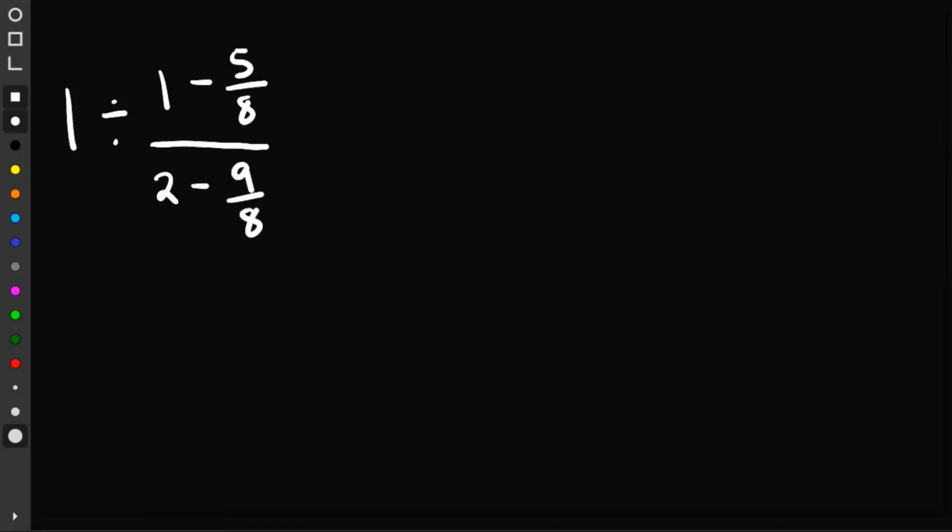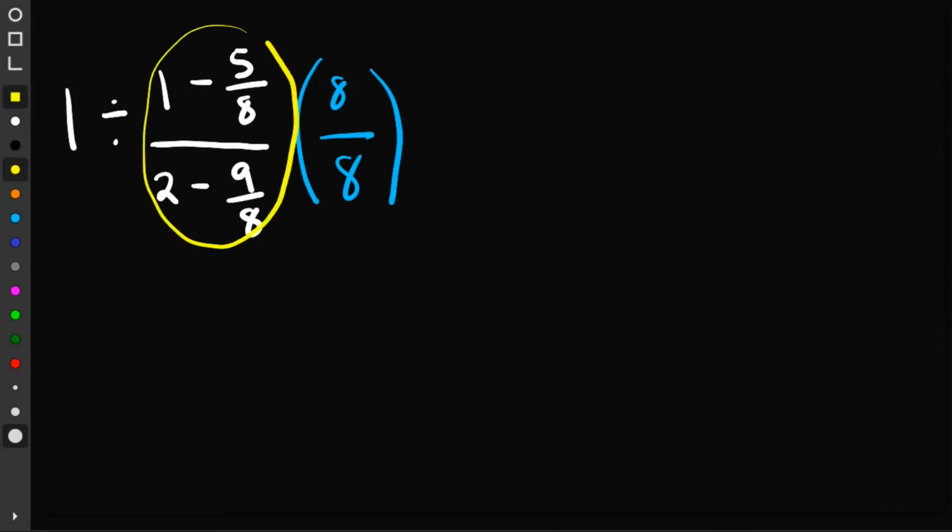Let's go on to our third example. If we have 1 divided by 1 minus 5 over 8 all over 2 minus 9 over 8. So for this one, we can multiply 8 over 8 out here. And by the way, we would first focus on this complex fraction here, since the other number here is just a whole number.